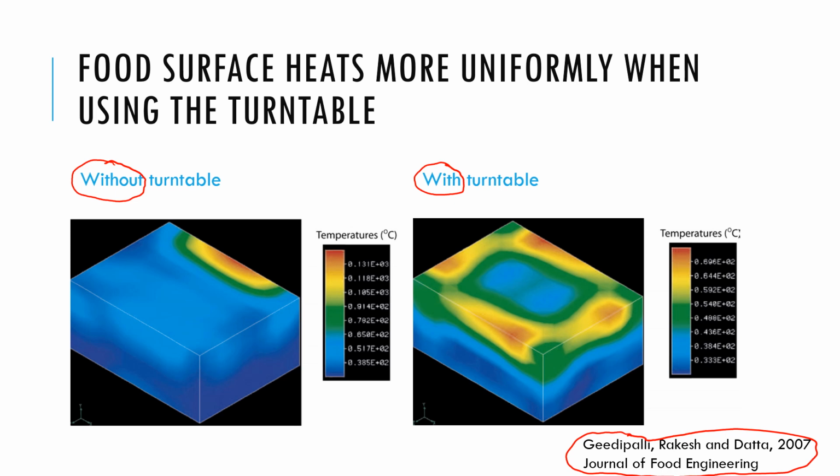The rotating food on the right is more uniform. It still shows edge overheating and all that are characteristic of microwave heating, but it certainly looks more uniform than that one. And also the temperature scales are not the same. The value here is a lot lower than the maximum value here. So it is definitely looking more uniform.